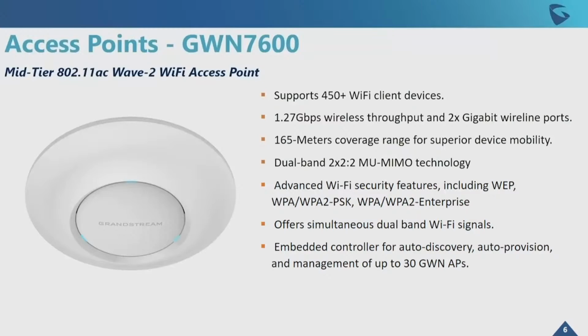It has a slightly reduced coverage range of 165 meters. That's meters spelled the American way, not the Australian way, compared to the 175 meters of the previous device that you saw. It has a 2x2 antenna configuration, but because it's Wave 2, it does support multi-user MIMO, the latest and greatest MIMO. Okay. Again, it does also have dual band Wi-Fi, and it can manage up to 30 other GWN access points with its embedded controller.